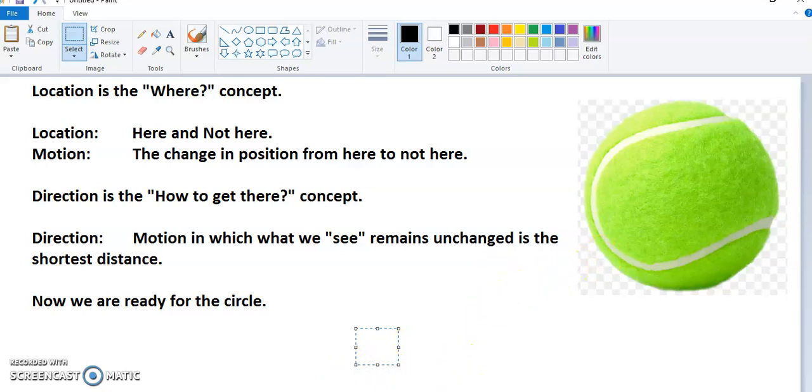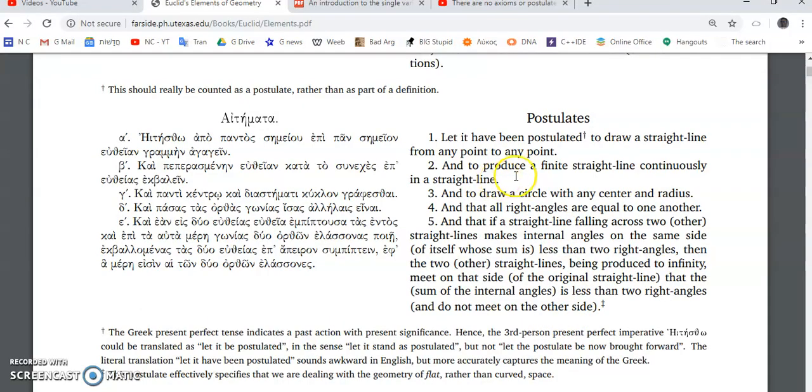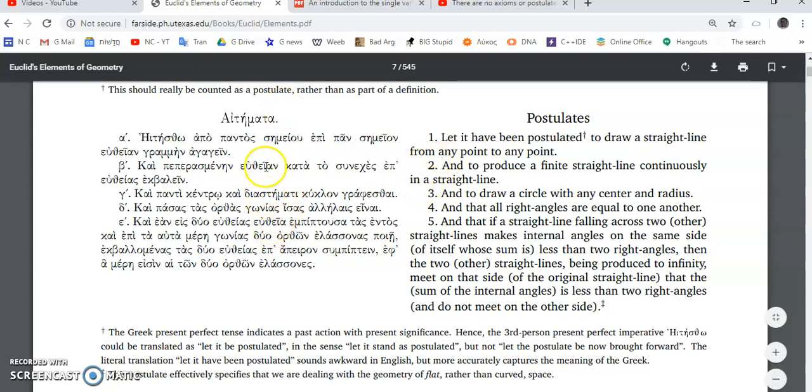So we can extend in this direction, and we can make the line shorter or longer. So the second requirement follows very easily from the first, to produce a finite straight line continuously in any direction. So both those two postulates are important. And the reason the second one is important is that it's used in the definition of a circle.